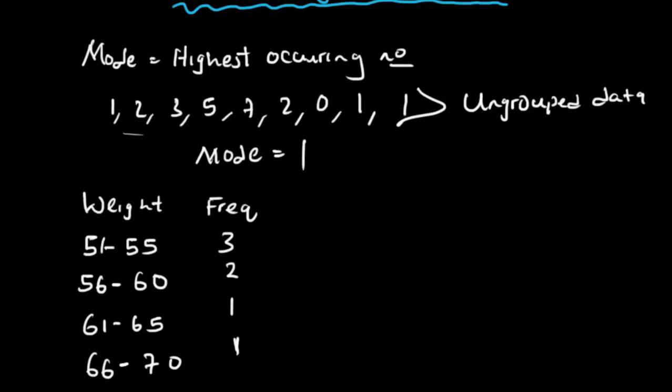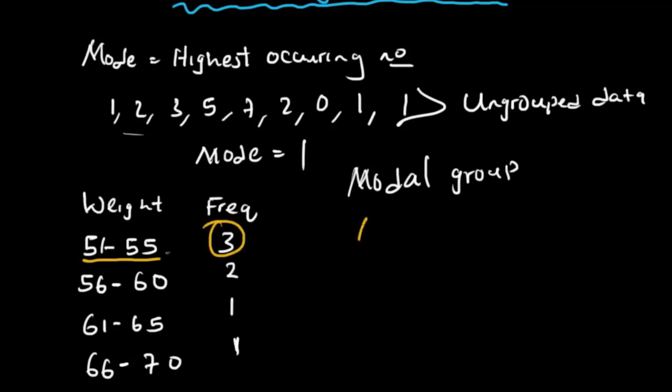Now in this case we have a grouped data, and if I ask you to find a modal group or modal class, it's easy because it's the group that occurs more, so you know that the modal group will be 51 to 55 because it occurs 3 times.